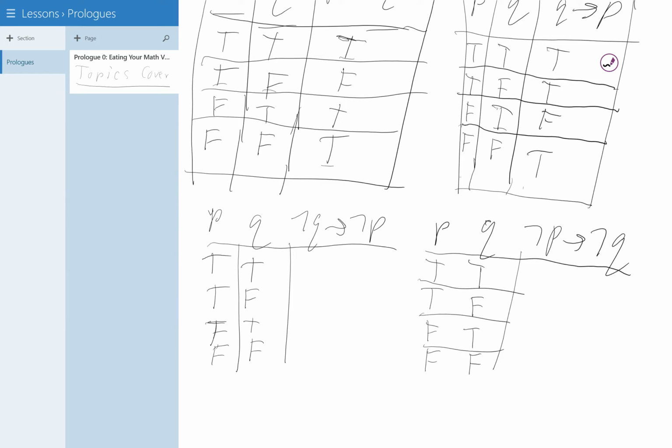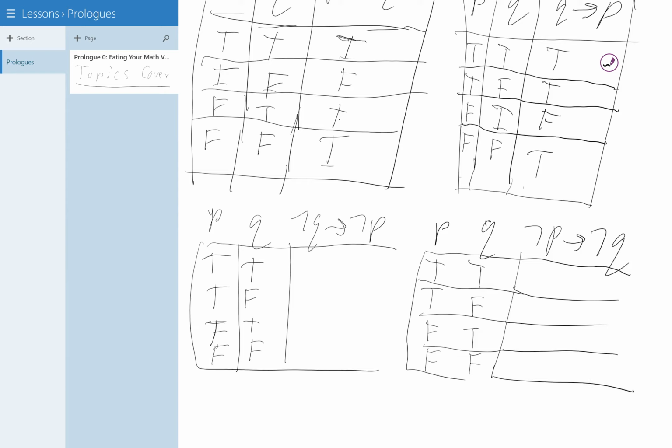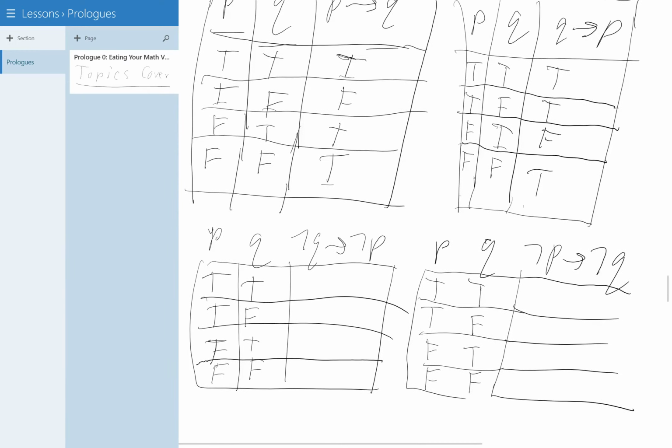So let's go through all of these really quick. Not P, not Q. Now in this case, not Q, not P. The equivalent of the conditional one is you just want to find the true-false one.